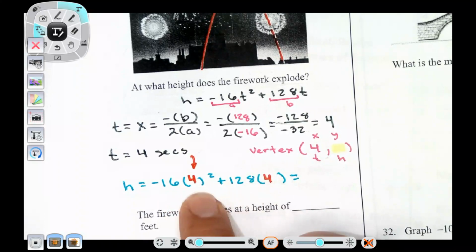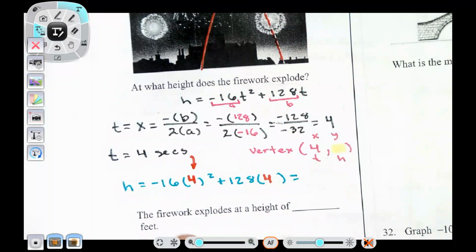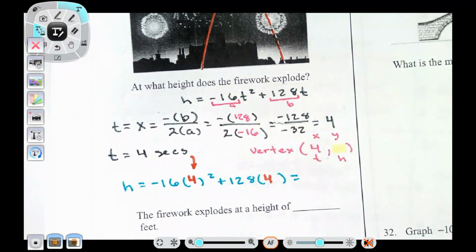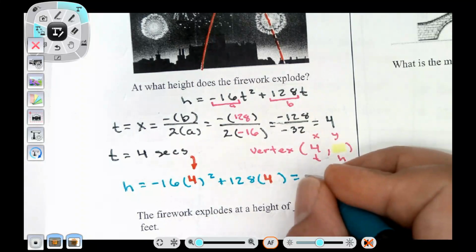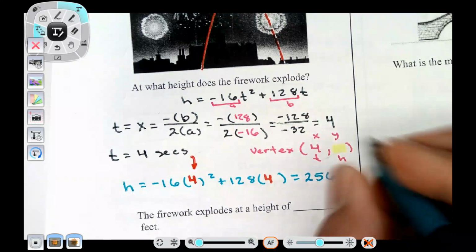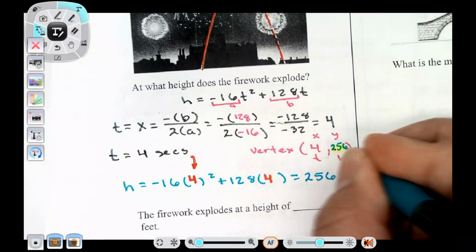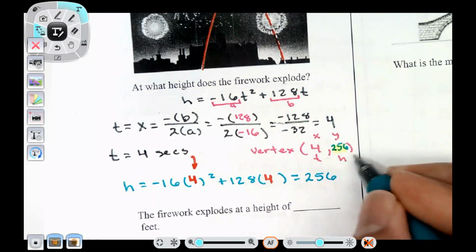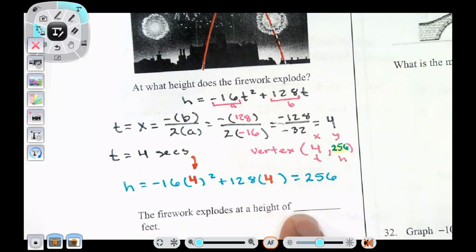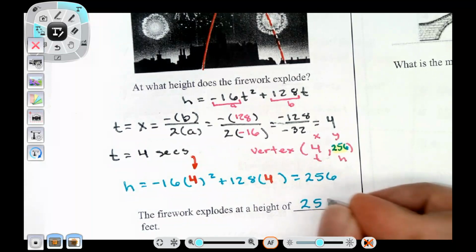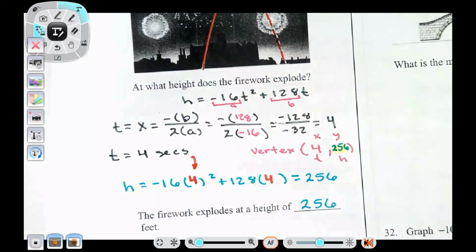Type it in exactly the way you see it with your calculator. Don't forget that power 2. Don't forget the negative. But once you type it in, it is going to give you an answer of 256, which means that's my vertex. And if that's the height, they said the firework exploded at a height of 256 feet. So it's a vertex question. So it is from the last unit.